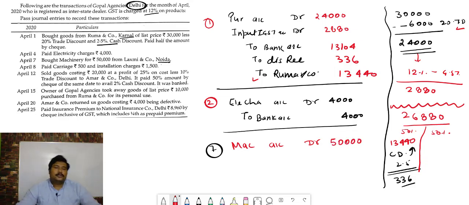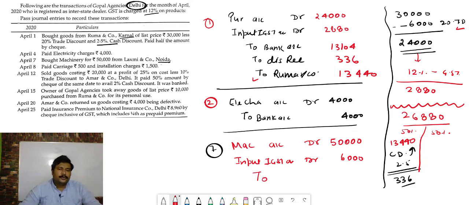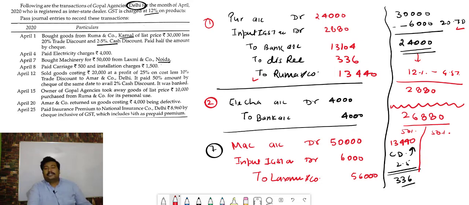IGST 12%. So input IGST account debit. So 12% of this 50,000 will be 6,000. So how much do you have to pay to Lakshmi and Company? 56,000. Any problem in transaction number 7, April 7? Please see this.